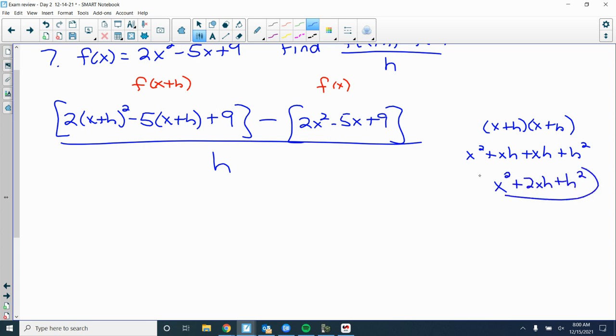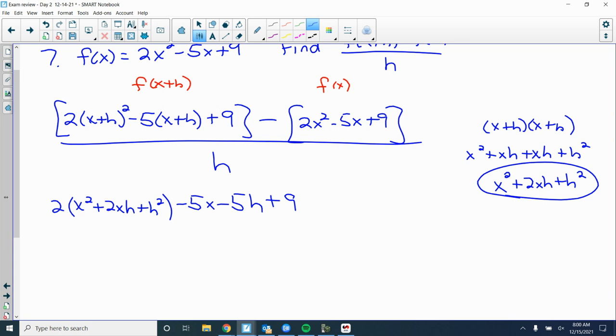So it'll be 2 times x squared plus 2xh plus h squared. We'll distribute the 5: minus 5x minus 5h plus 9.